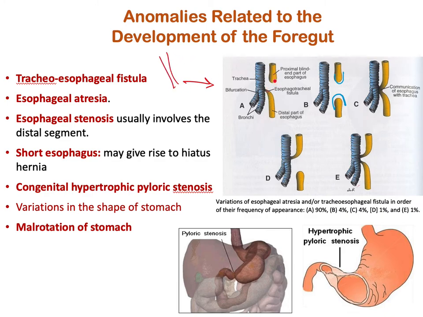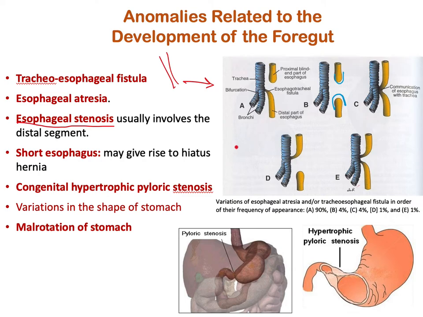The upper part is obliterated, forming esophageal atresia, and here a fistula is formed with the trachea, the esophagotracheal fistula. Sometimes you get esophageal stenosis instead of a fistula, usually in the distal part, because of incomplete recanalization, as I mentioned earlier in the previous slide when we talked about the esophagus.